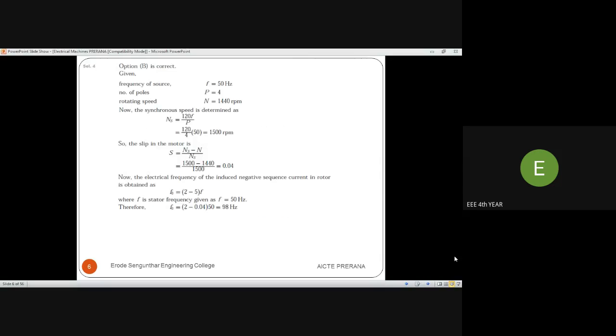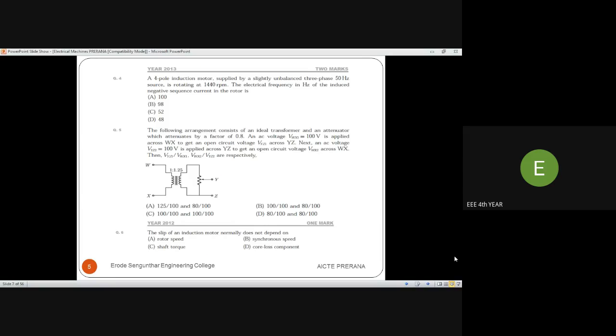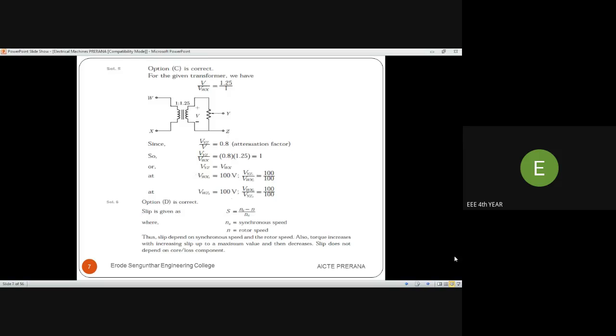The solution begins. Option C is correct. Option C means 100 by 100 and 100 by 100. Here V divided by W X is 1.25 divided by 1. V YZ by V is given by the 0.8 attenuation factor. We can find VYZ by VWX, which is equal to 0.8 into 1.25.